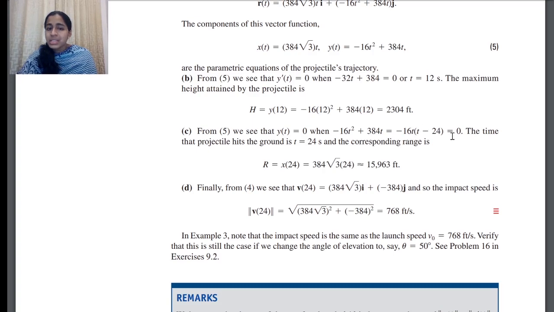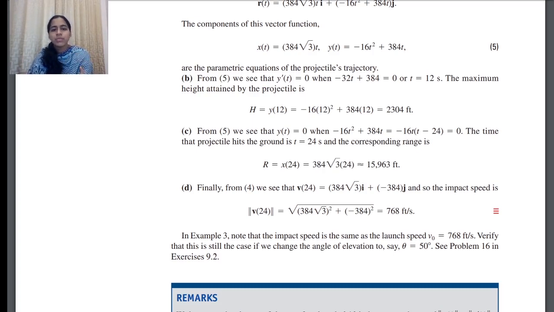So t cannot be 0, so we consider t to be 24. So t is equal to 24 seconds. So the range will be x of 24, that is 384 root 3 into 24. The approximate value is 15,963 feet.